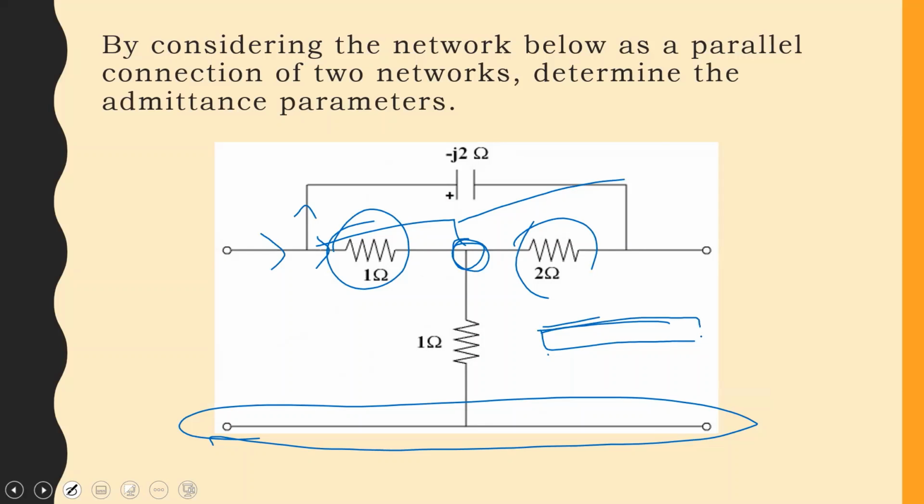So I can have the node as a dot, which is what we have here, or I can make it into this rectangle. Nothing has changed. Just ensure that I have the 2 ohm connected to it, these 1 ohm connected to it, and that this 1 ohm is connected to the lower terminal. So that's all we're going to do with the next circuit.